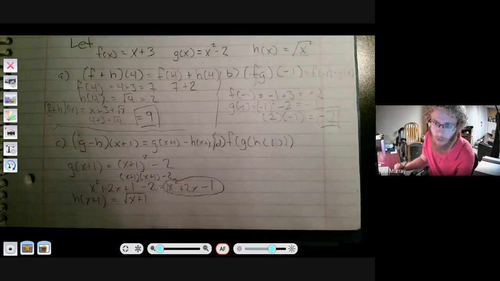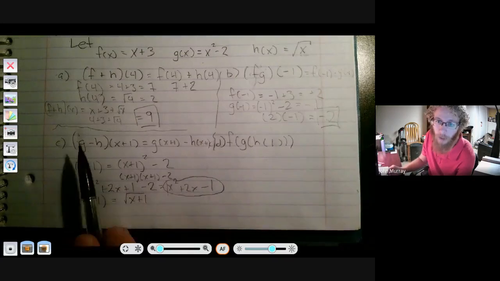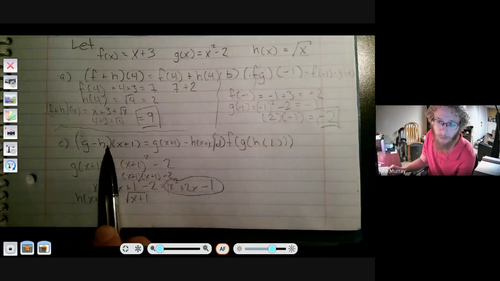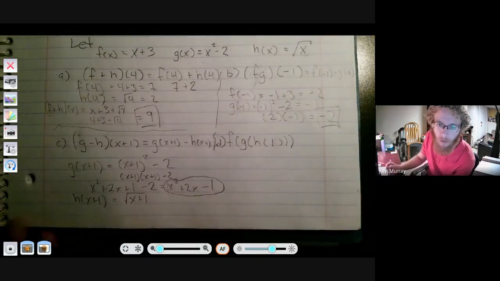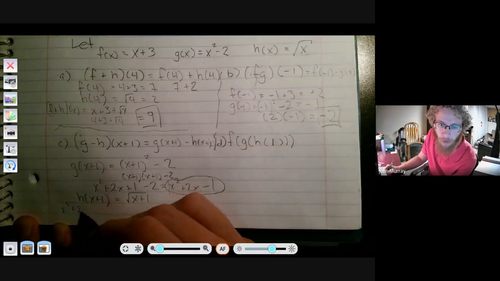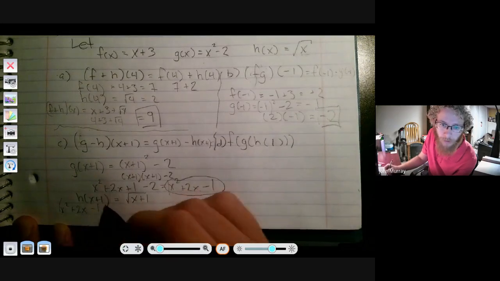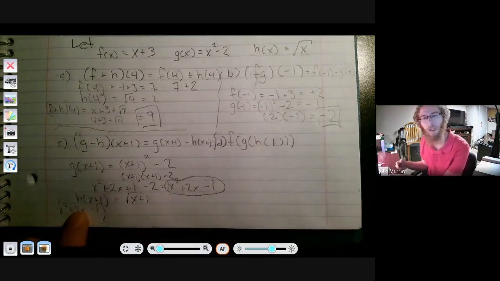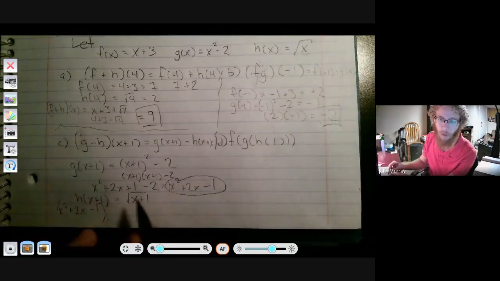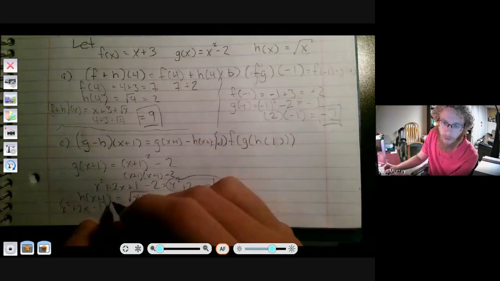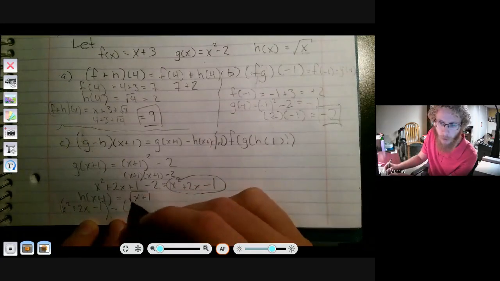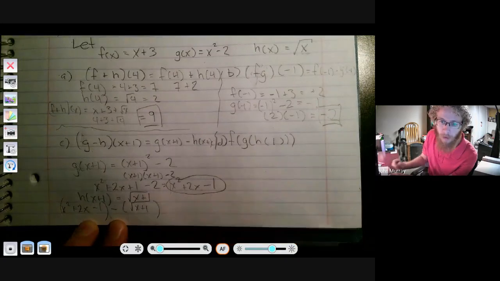That's done. Okay, so now this is telling me I'm doing g minus h. So my g is x squared plus 2x minus 1. And for now, I'm going to put this in parentheses. We really don't need it, but I'm going to do it just to show that this is my g minus my h, which is the square root of x plus 1.